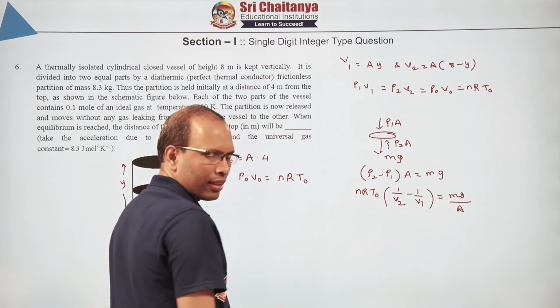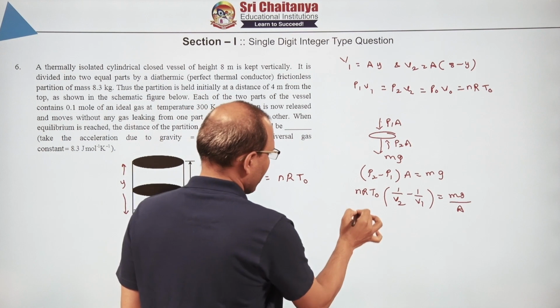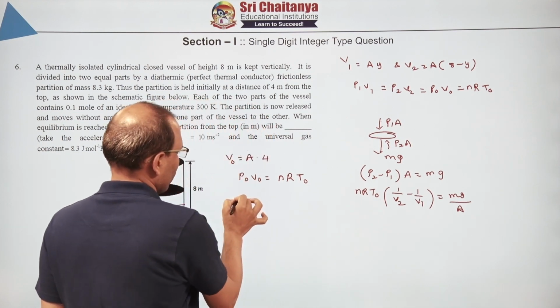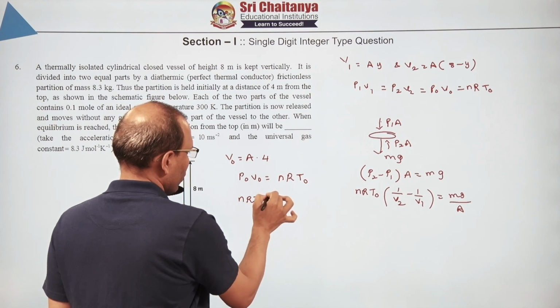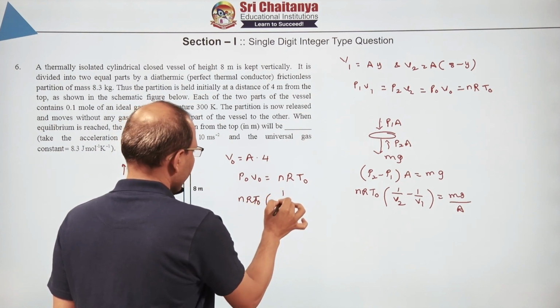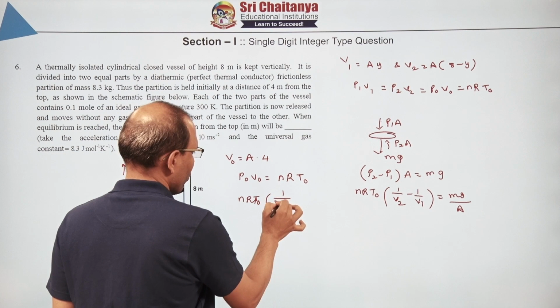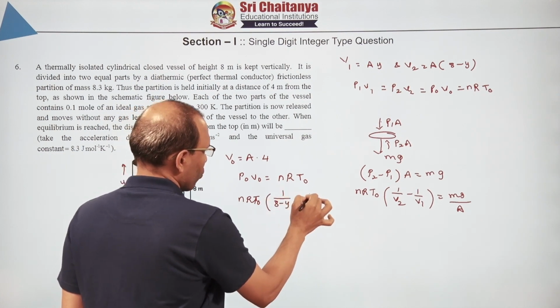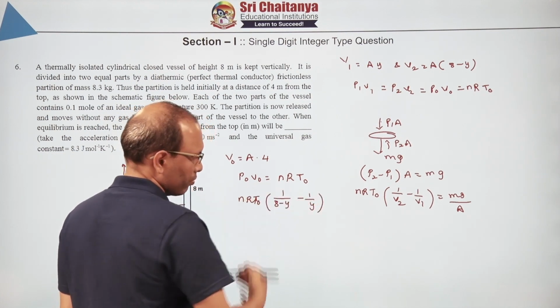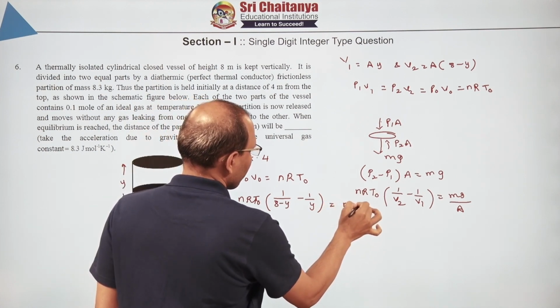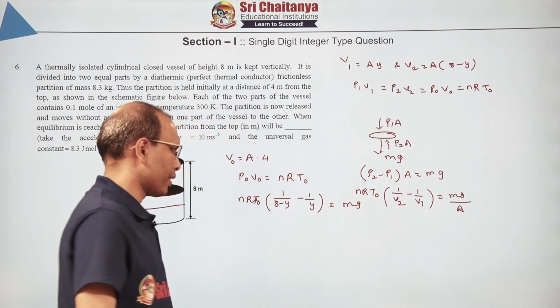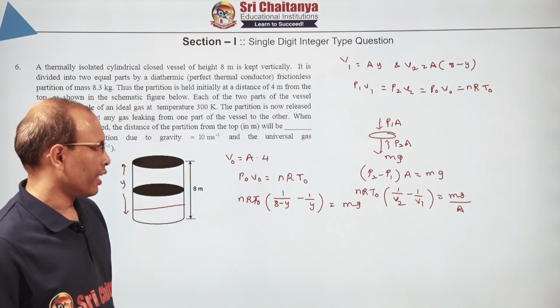Now this can be simplified as nRT naught into (1 by 8 minus y minus 1 by y) is equal to mg. I cancel the A on both sides here. Now we want to find out the value of y.